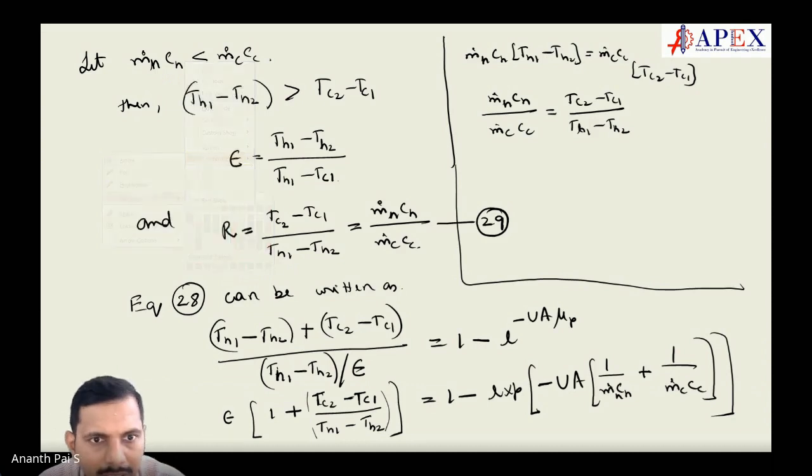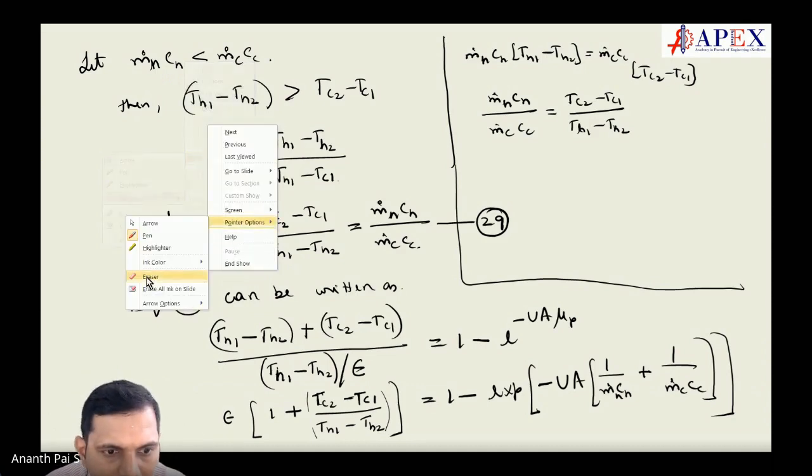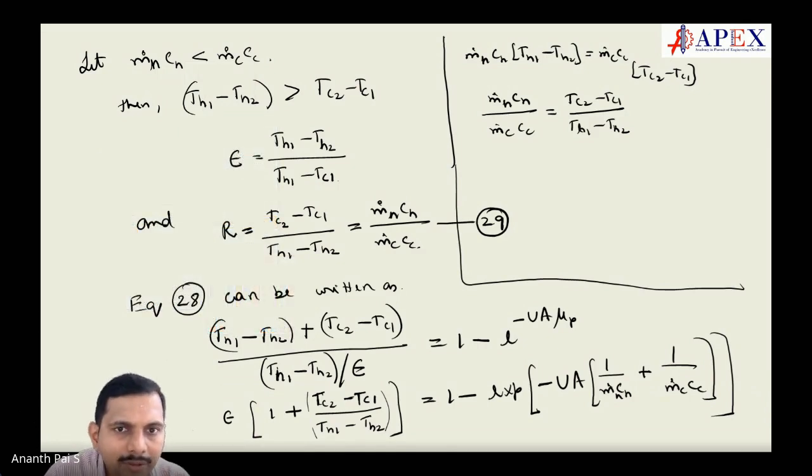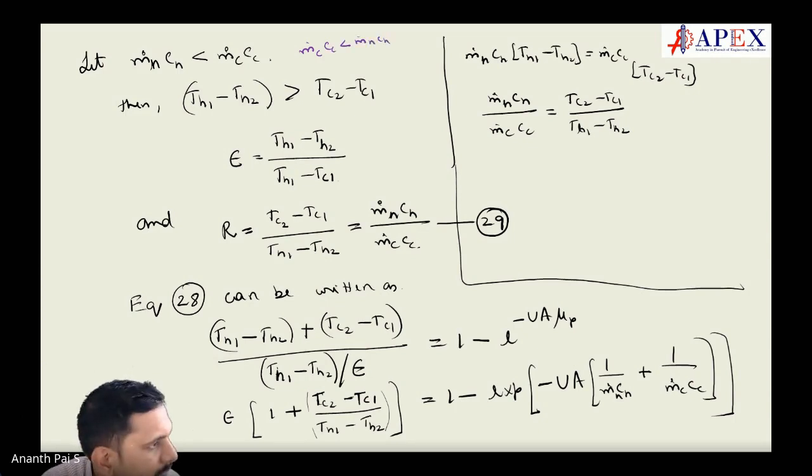Let me do it in yellow, because not yellow will be very purple. Now, had you written m dot c Cc is less than m dot h Ch, then this would become Tc2 minus Tc1 divided by Th1 minus Tc1, right?